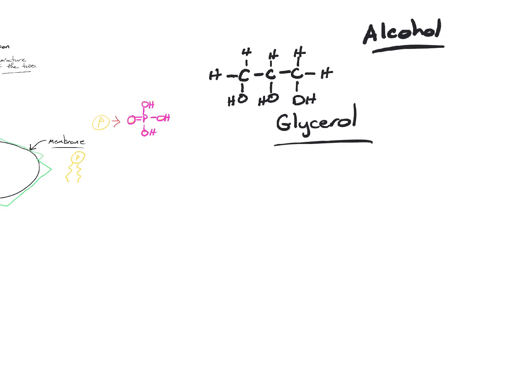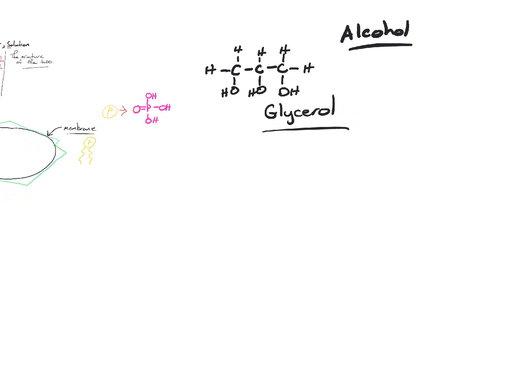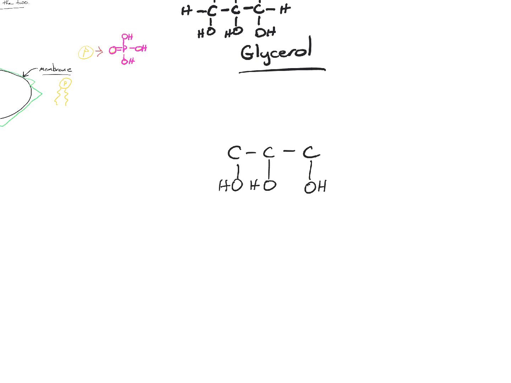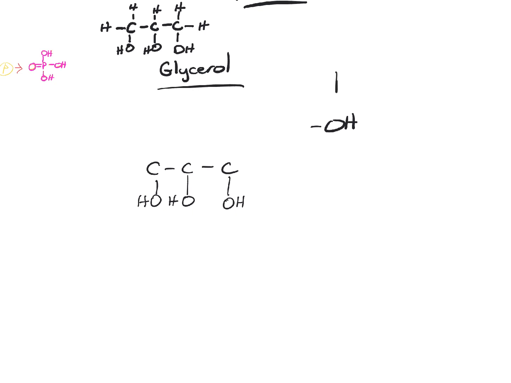For instance, I can take this molecule of 3 carbons with its 3 OHs. OHs are amazing little structures. By the way, OH is a group. It's a functional group. It's one of the functional groups you should know.